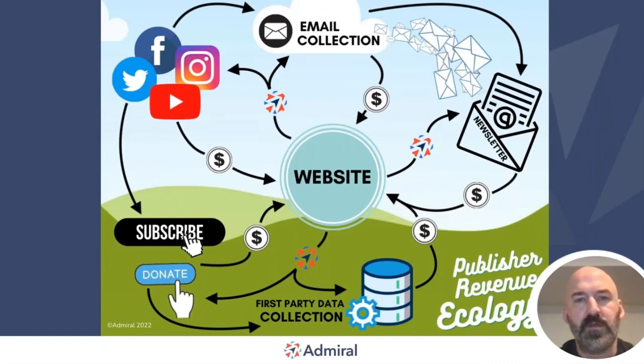Or I might also include a piece in that post about subscribing to our email list in the link in the profile, which continues to drive email collection on that site, which continues to drive people back to the site. So the idea here is that all of these things are interdependent of one another.